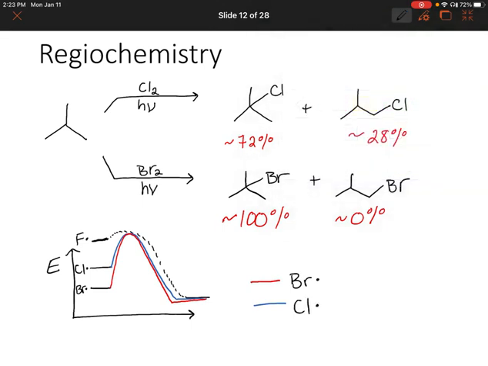And what this kind of shows is that bromine is picky about where it bonds, whereas chlorine is not so picky about where it bonds.